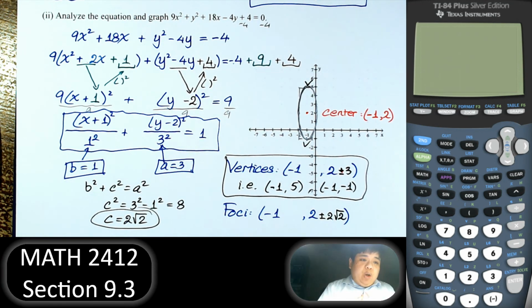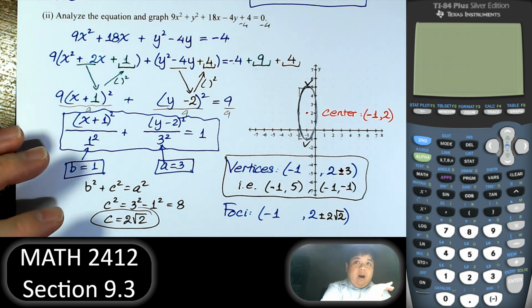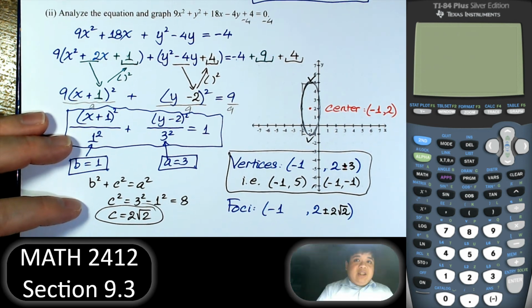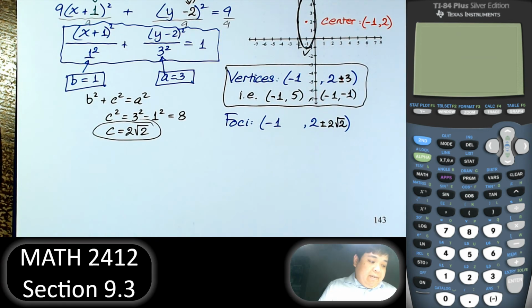Try to do this problem without relying on the formula, and always link between the equation, the graph, and the characteristic. In this case, the characteristic of an ellipse is a center in the middle, two foci, and two vertices, all of them on the major axis. The minor axis is perpendicular to that.